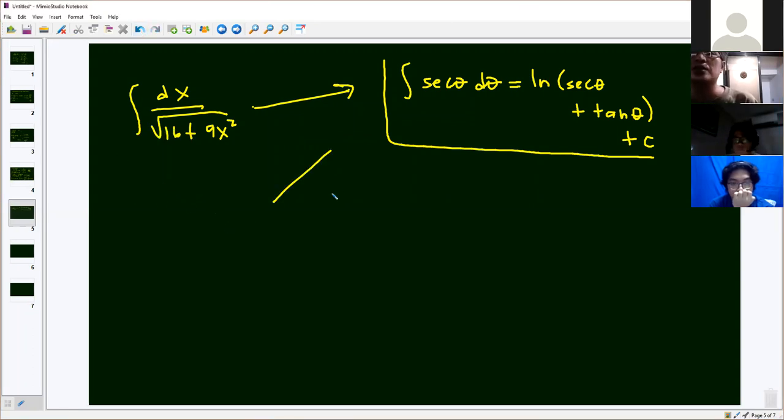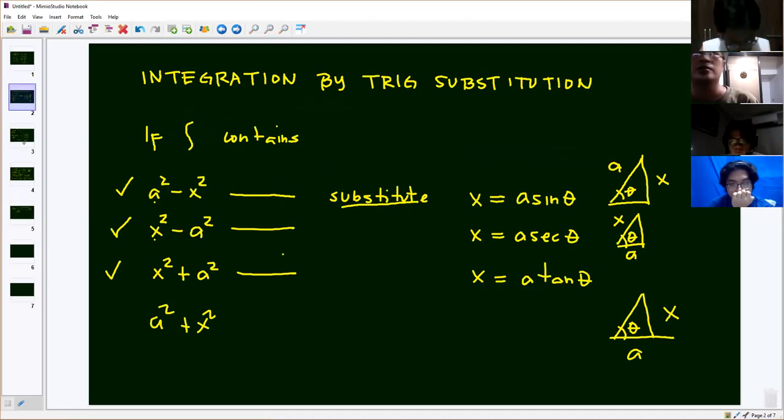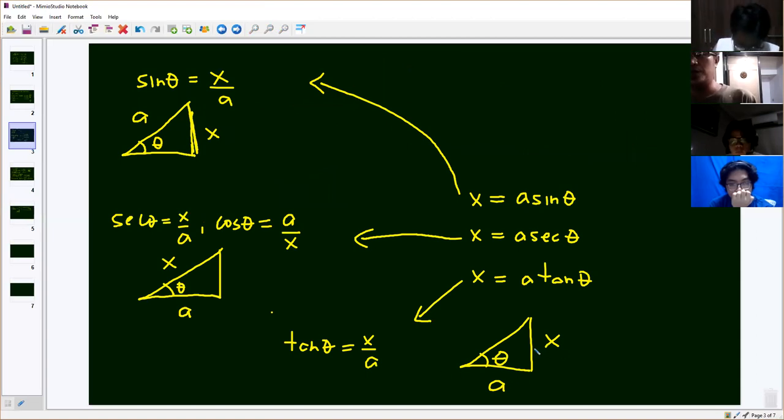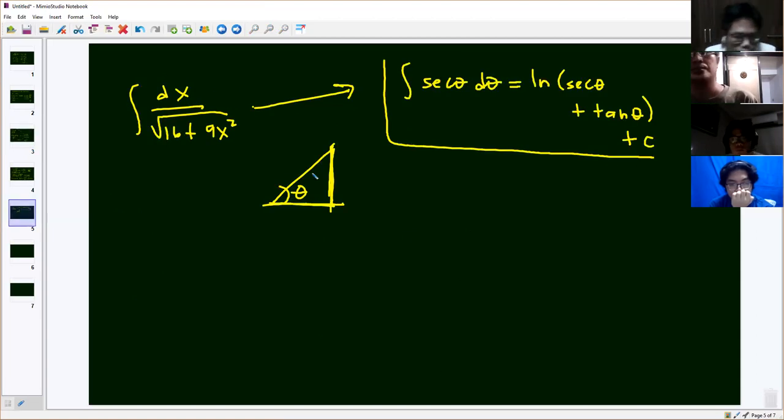So, sa triangle natin, obviously, ito yung theta. Ito ang opposite. Ito ang adjacent. Sa pinakita ko nga kanina, ang a natin 4. Ang X natin 3x.